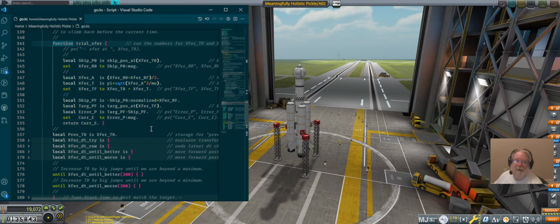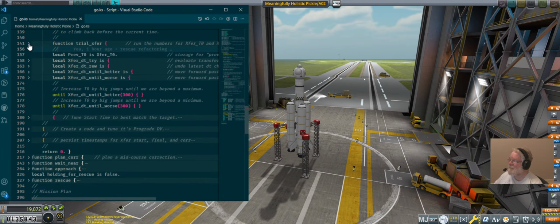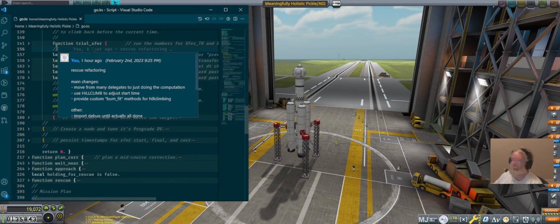Oh, you may notice that my coding style is a little weird here. I've pulled my curly braces up onto the next line, and I'm explicitly putting comment lines in. This is kind of pandering to the way VS Code does region folds. If I've got a bracketed section here, and I close it like that, if that curly brace is on the same line, it completely disappears.